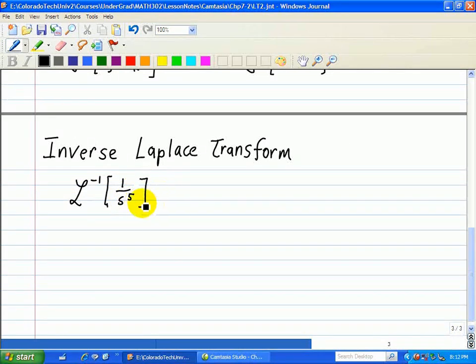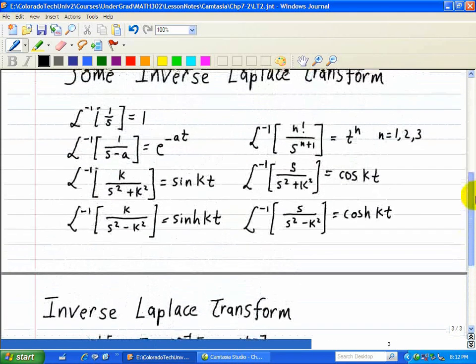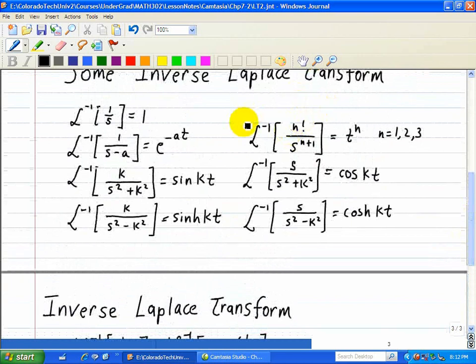Okay, so here it's still not in the shape, because if we recall, to match one of our inverse Laplace transforms, we'll just take this function and multiply it by 4 factorial and divide by 4 factorial to match one of our inverse transform functions, as shown in this one right here.